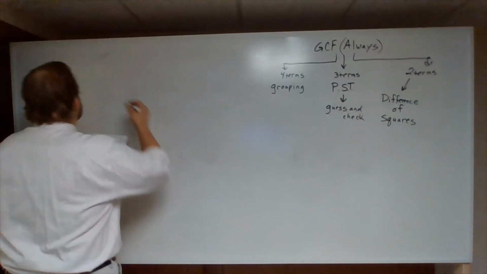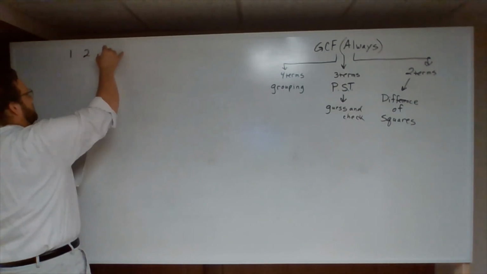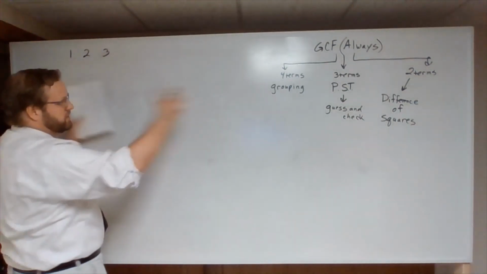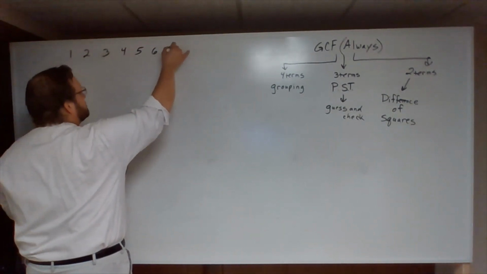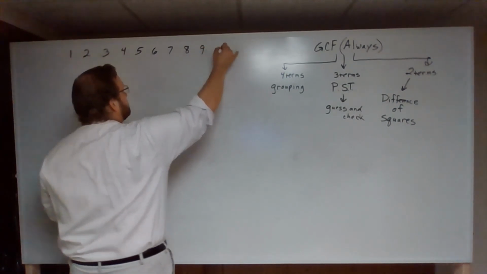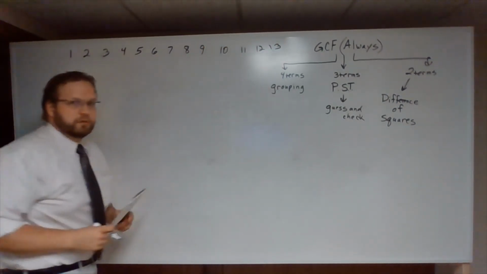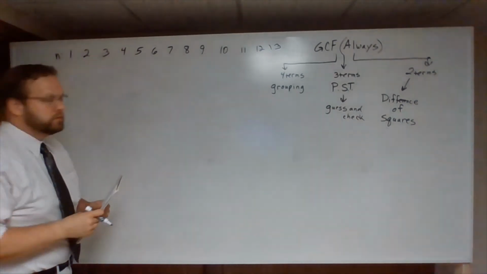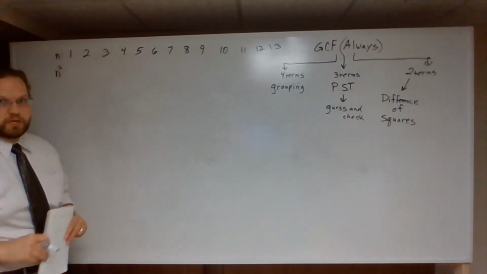I would list the numbers 1 through probably 20. I'm going to go up to 13 here just for the sake of space. Okay, we're going to call those numbers n. They're numbers. What happens when I square those numbers?